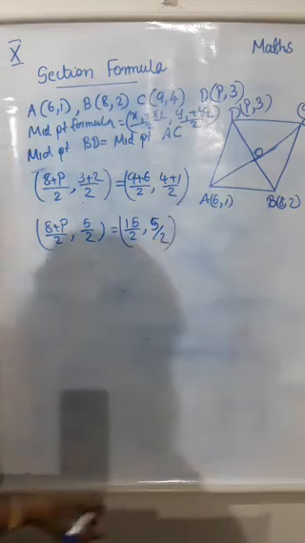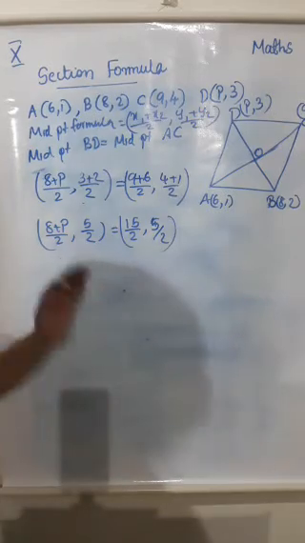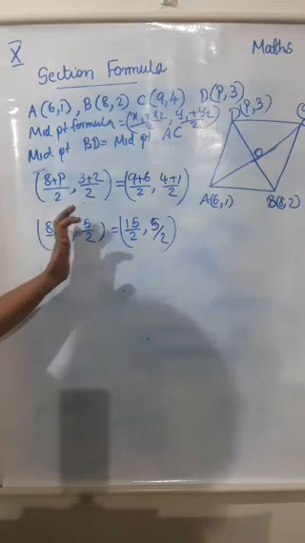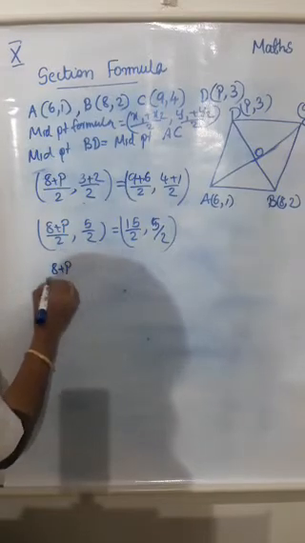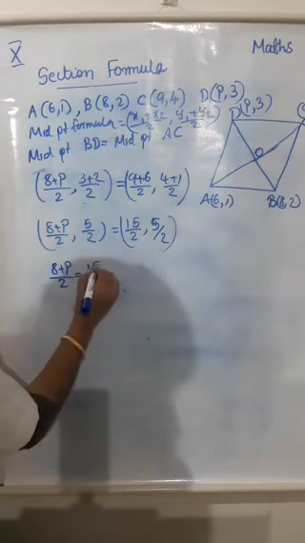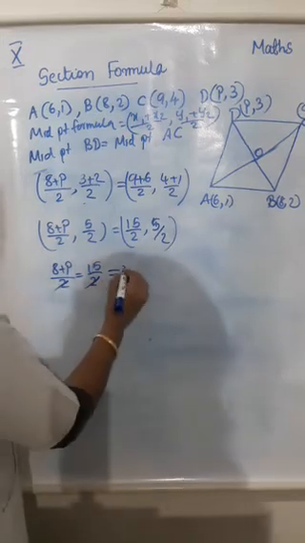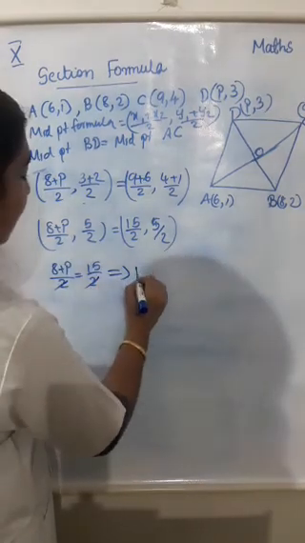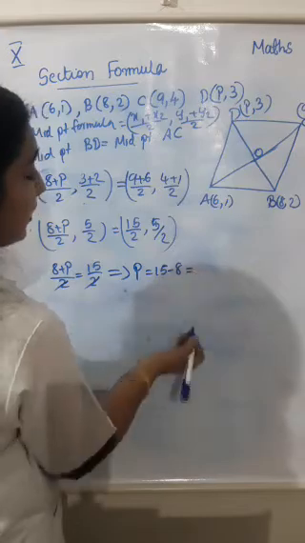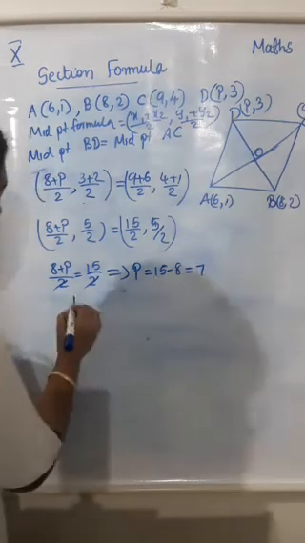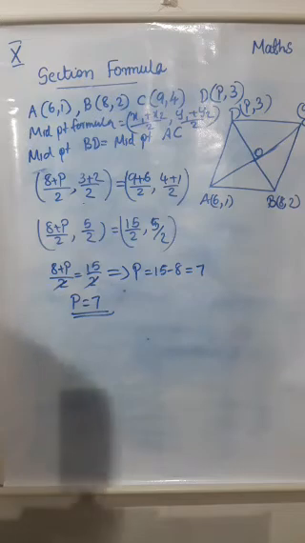So the x coordinates are equal and the y coordinates are equal. We need to find the value of P from the x coordinate. So 8 plus P by 2 equals 15 by 2. 2 and 2 cancel. So 8 plus P is equal to 15. So P is equal to 15 minus 8, that is equal to 7. So P is equal to 7. Okay. Clear?